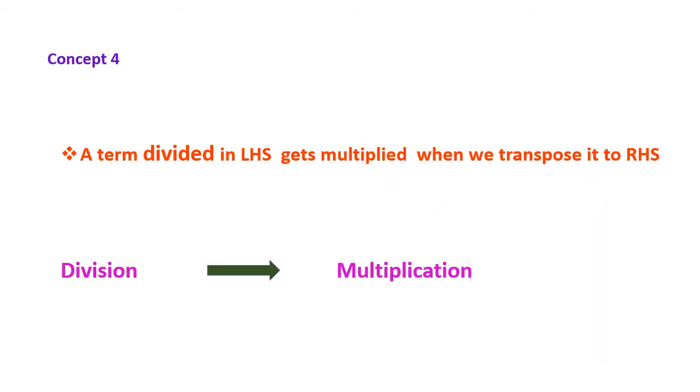The next concept. A term divided in LHS gets multiplied when we transpose it to RHS. Operation division in LHS will get converted into operation multiplication when it gets transposed to RHS. Let me explain this concept with the help of an example.